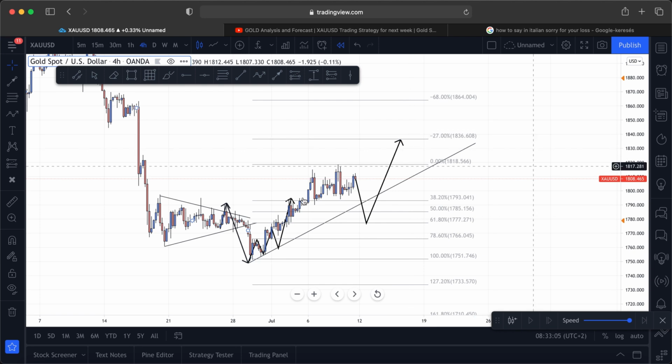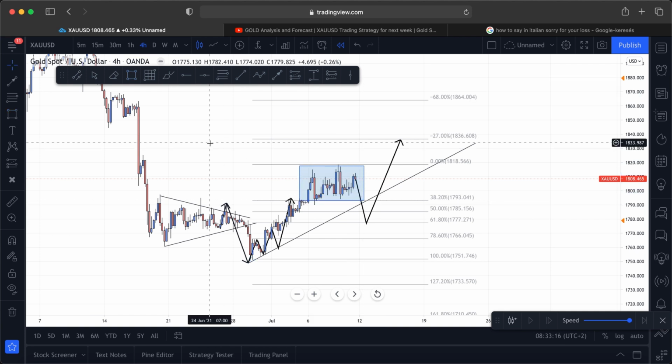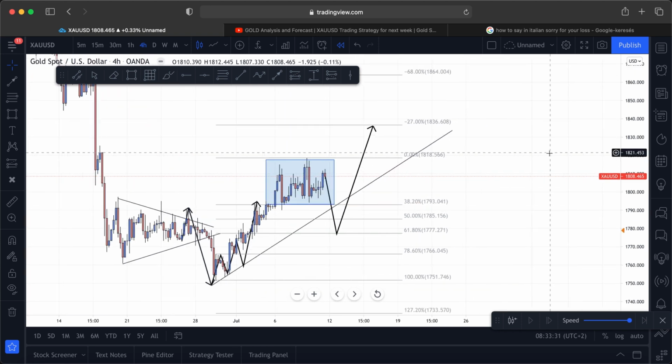As you can see, until we have a break of this sideways movement, this choppy little market, I don't want to go any further into the analysis. I don't want to forecast going mega bull or mega bear. I don't want to say it's going to reach 3000 this year or going to the moon like many people do online. Keep it simple, keep it short, and just keep it short term, definitely, because we don't know what's going to happen with interest rates.